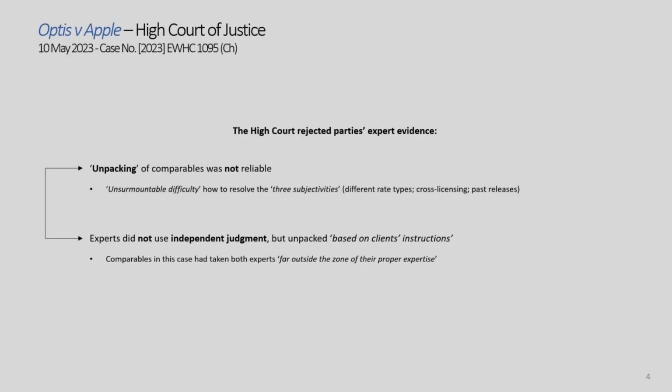There were some of them with an ad valorem rate, meaning that it was a rate expressed as a percentage of the selling price of the products. There were cross-licensing elements which were hard to unpack, or past releases. So which part of the lump sum referred to the past, which part referred to the future. So all of these things, in the eyes of the High Court in the first instance, made all of this unpacking exercise not reliable.